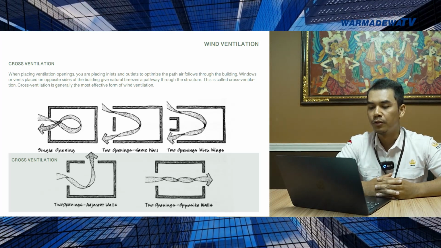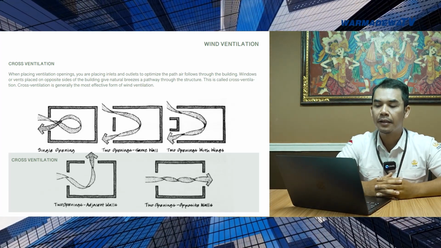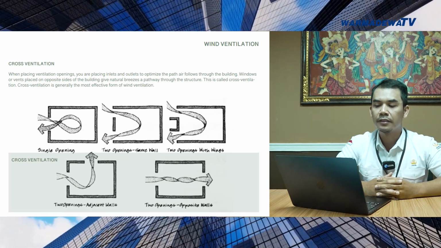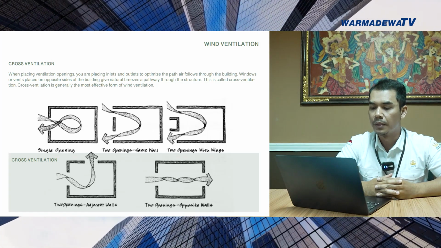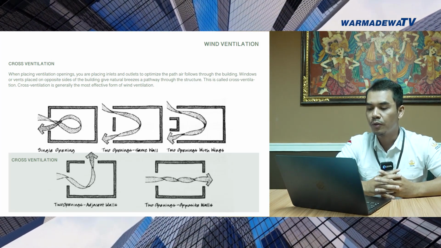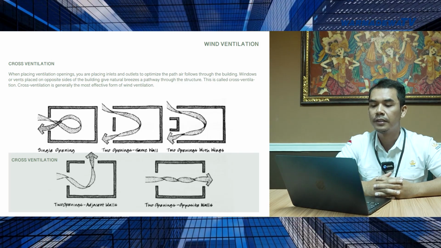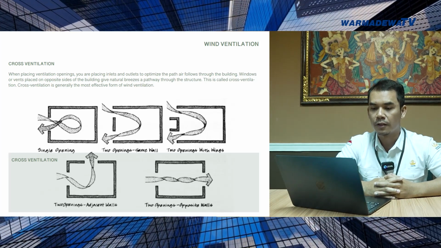The second one, two openings on the same wall, although it has an inlet and an outlet that are separated, they are still positioned on the same wall. This does not allow proper airflow through the room. And the third one, there are two openings with wings.